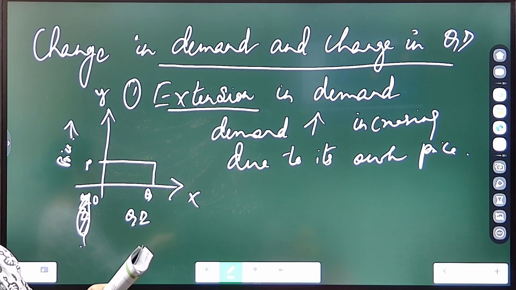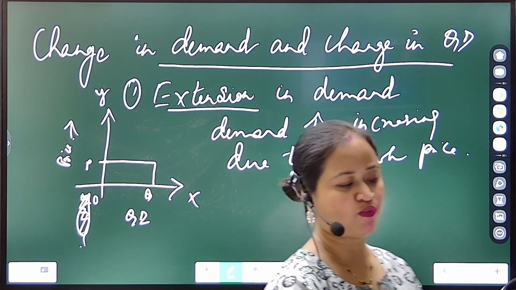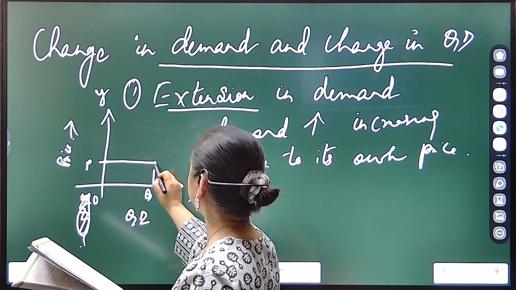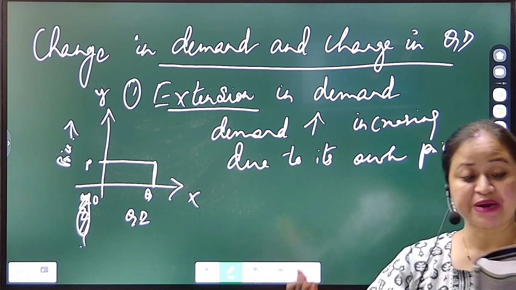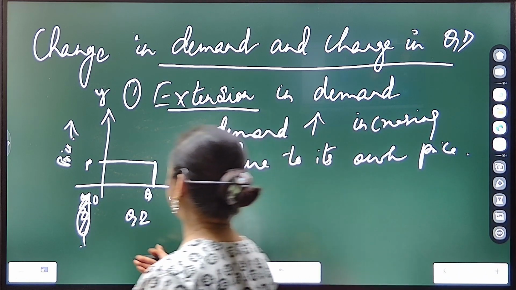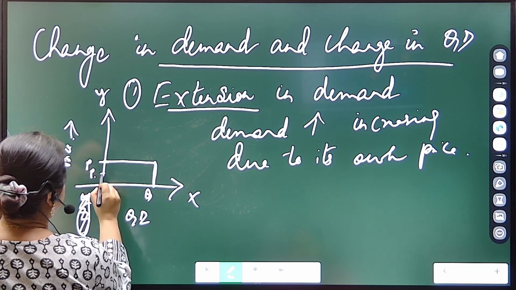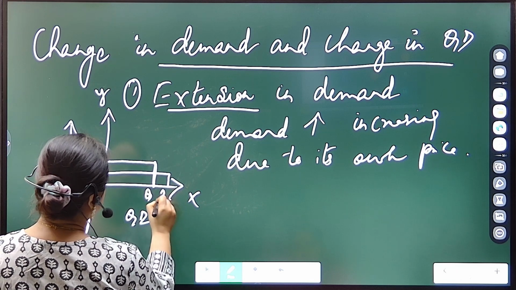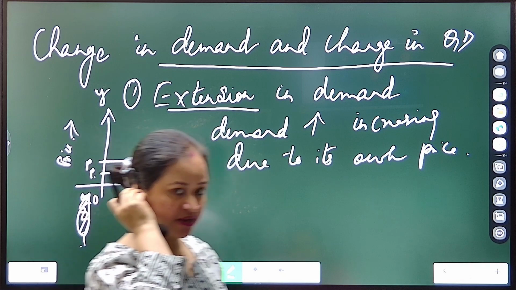You can see here in the diagram, when price is P, this is the point, this is Q, and when price decreases to P1, the demand will increase to Q1. Understood?